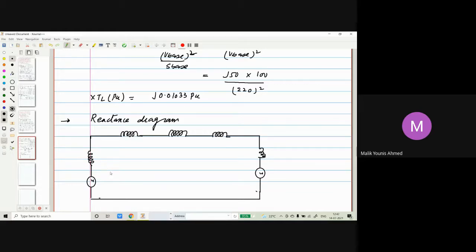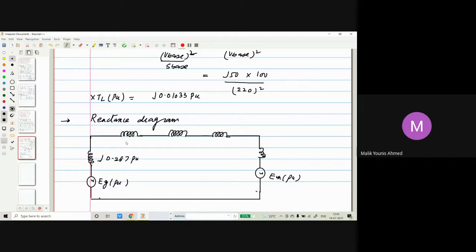This value is Eg in per unit. Similarly, this will be Em in per unit. For the generator, we have the new value as J0.287 per unit.